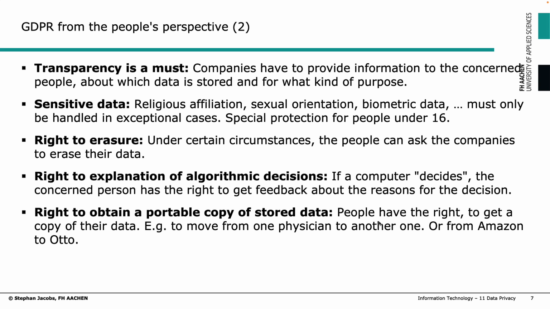An Austrian activist really forced Facebook to hand out all the data. He got several parcels with several binders of thousands of pages, where Facebook had printed out which information they had about this person.